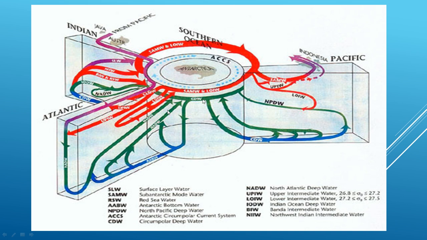This drives it all. Think of this like the Grand Central of the oceans. All the train stations, all the trains coming in and leaving. This is a big hub that connects all the oceans, connecting all the water masses, helping to move all the water masses about. Water masses feed in, water masses feed out.